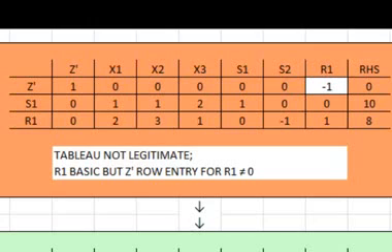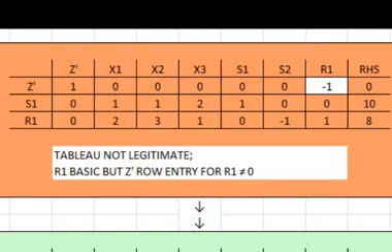So I have set up the first tableau, and then I noticed that this tableau is not a legitimate tableau, because R1 in this case is a basic variable, but in the Z prime row, the entry under R1 is not 0. A legitimate tableau has the basic variable associated with a column of the identity matrix.